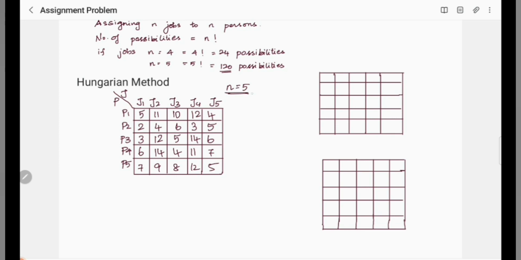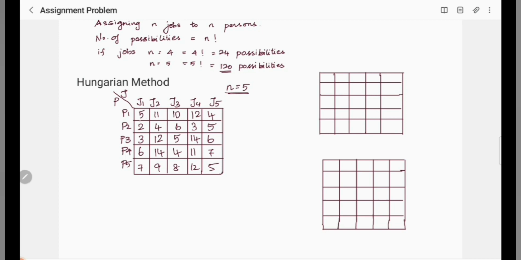That is, we have 120 possibilities of assigning persons P1 to P5 to jobs J1 to J5. Each job is to be assigned to only a single person. We cannot assign 2 jobs to a single person, or 2 persons to a single job. We have to assign a single job to a single person, and a single person to a single job only. The numerical values represent the total amount of time to complete the job.